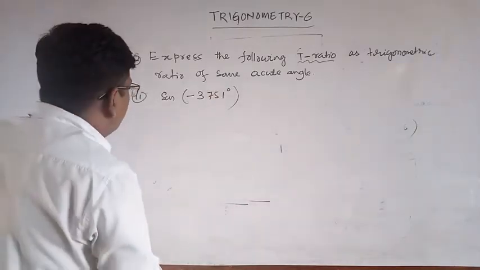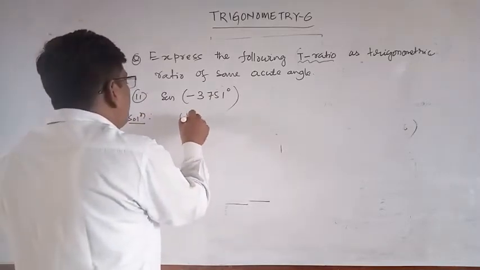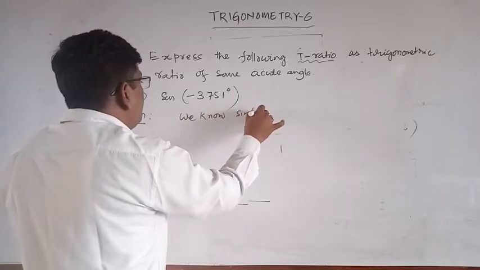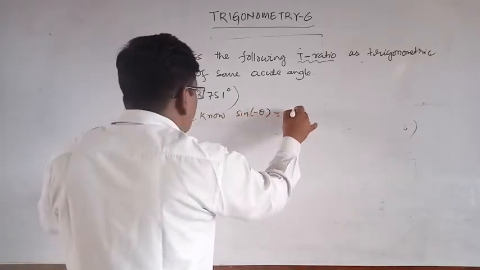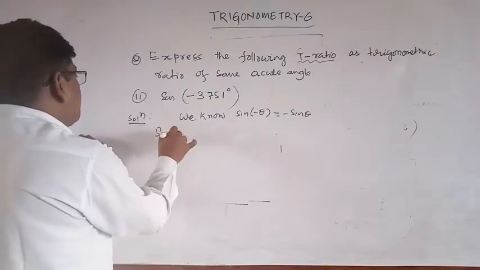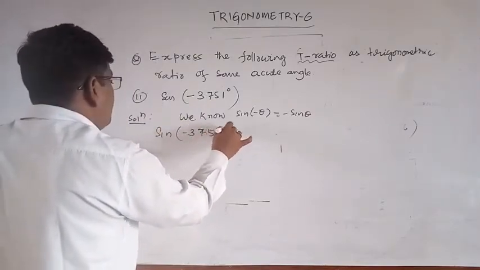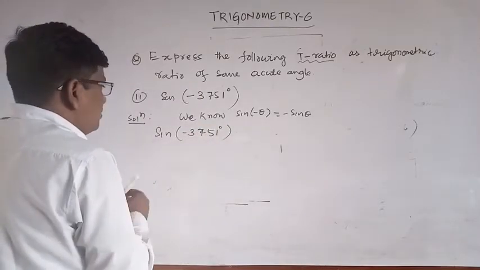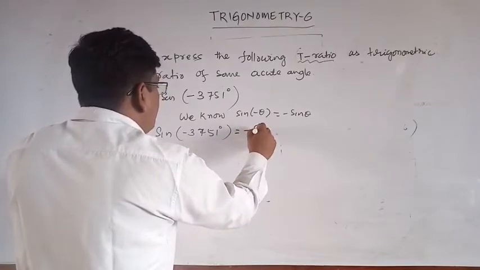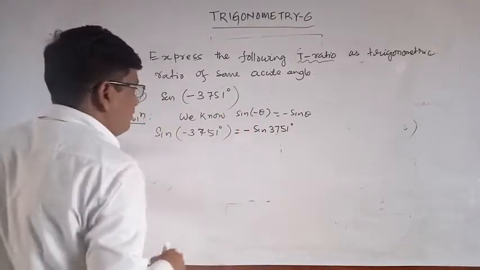Okay. So solution, we know sine of minus theta is equal to minus sine theta. So apply this concept. Sine of minus 3751 degree is equal to minus of sine 3751 degree.